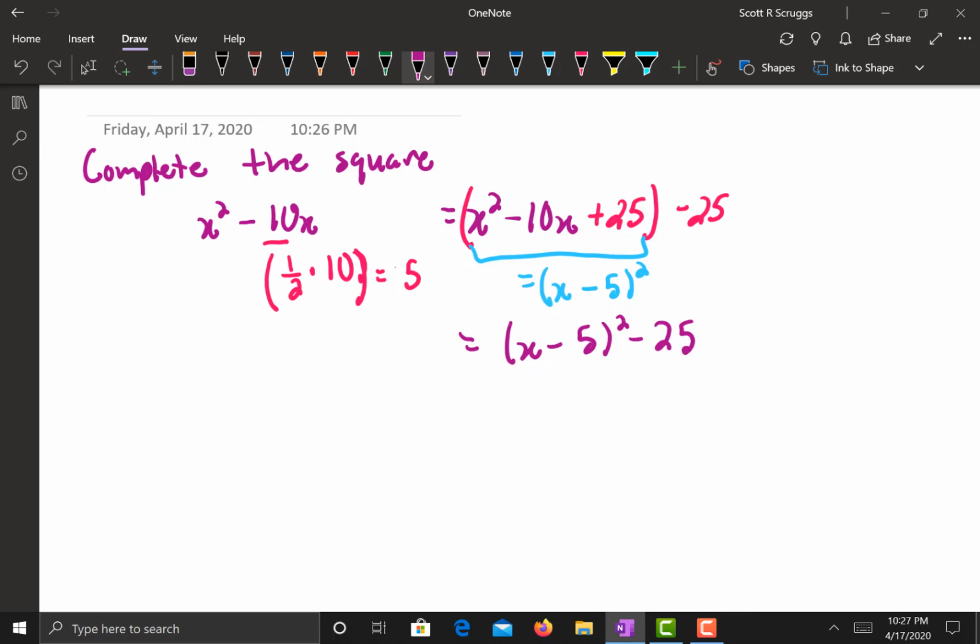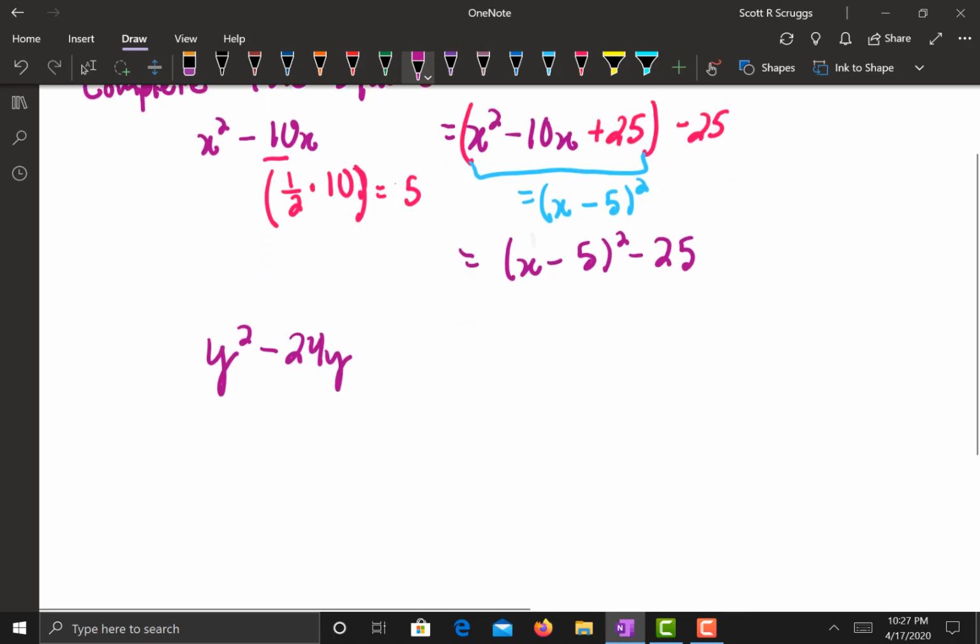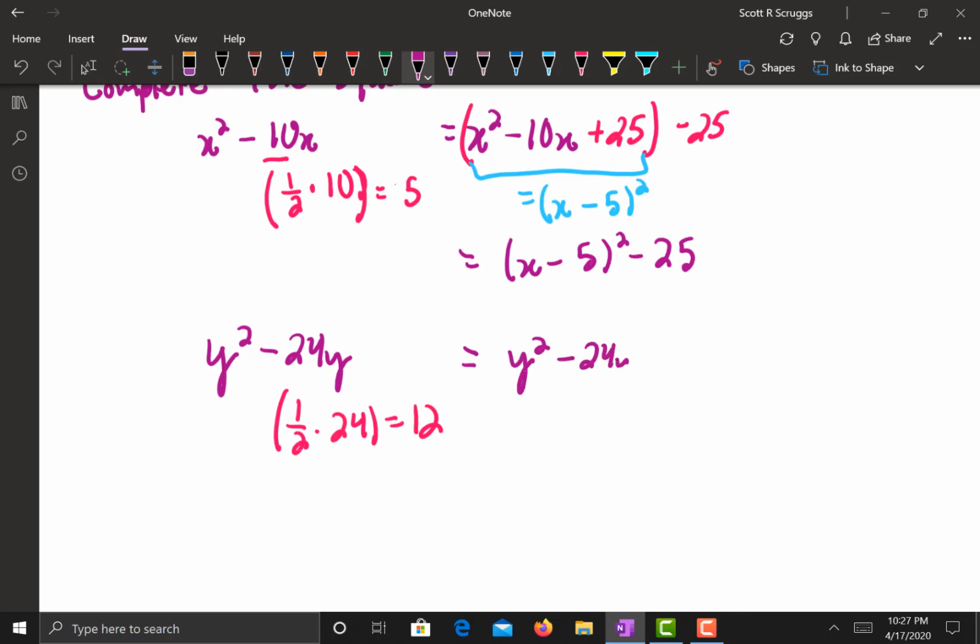Alright, and let's do the same idea for the y squared minus 24y. In this case, 1/2 of 24 is 12. 12 squared is 144. So y squared minus 24y, plus and minus, got them mixed up, plus minus 144.